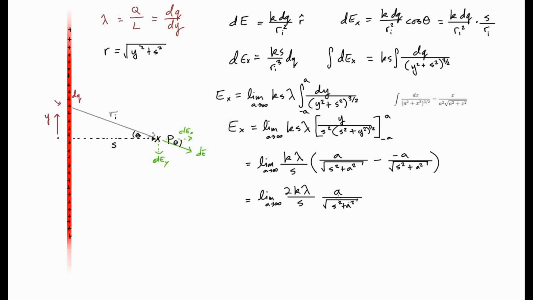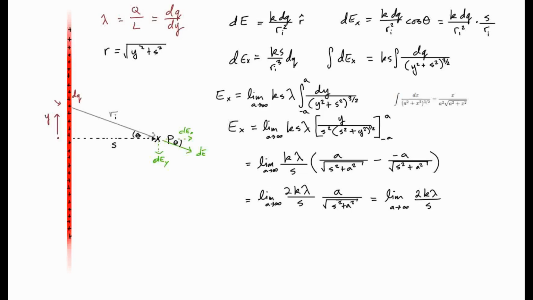Okay, now you may notice here that we're going to have a problem when we've got a upstairs, but you've probably worked with some limits in the past. If not, that's okay. Like I said, this problem is tricky. What I'm going to do here is divide the numerator and the denominator by a.